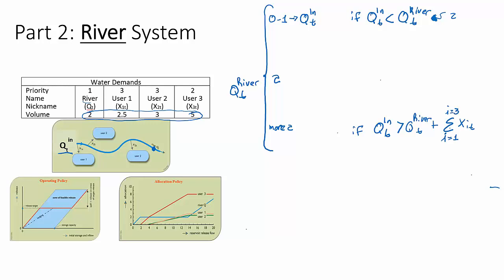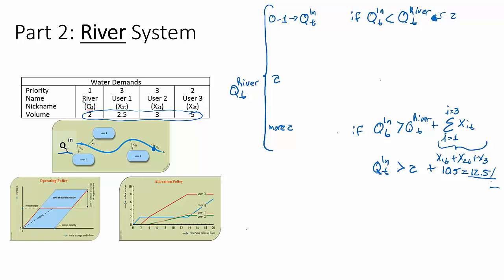So this is a summation. Basically, this summation means x1 plus x2 plus x3. We know that these values are 5 plus 3 plus 2.5, and in this case it is 10.5. This will be the numeric value, and water for the river will be 2. So when Q in is greater than 12.5, that's the time when the river will start receiving more water.